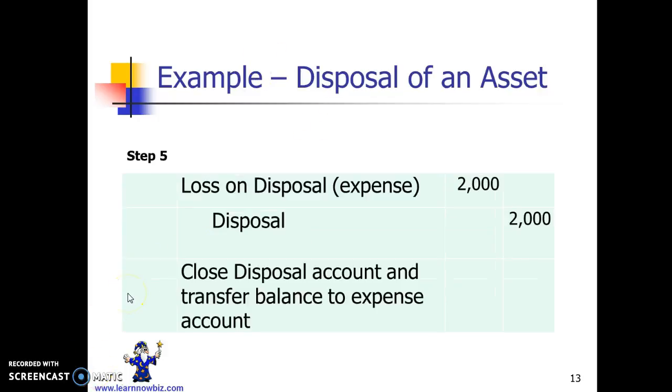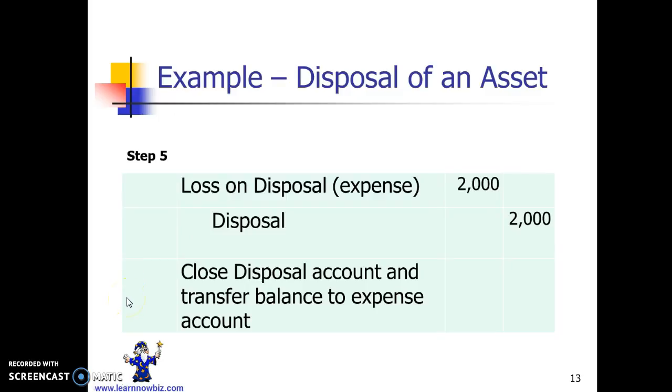The fifth step is to close the disposal account and transfer any balance to the expense account. If we have a look at the disposal account in your textbook, you'll notice that there is a difference between the cost, the accumulated depreciation, and the amount that we received. The difference is $2,000, and this is the loss on disposal.